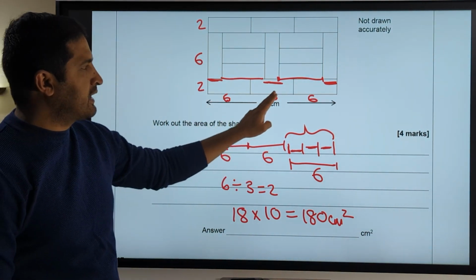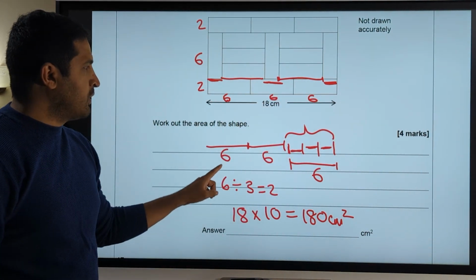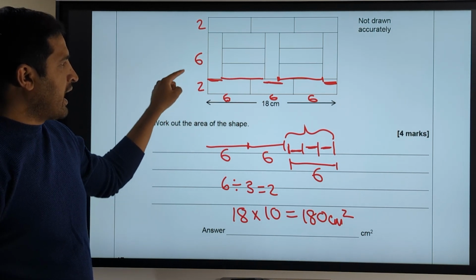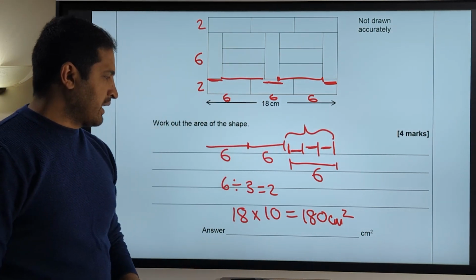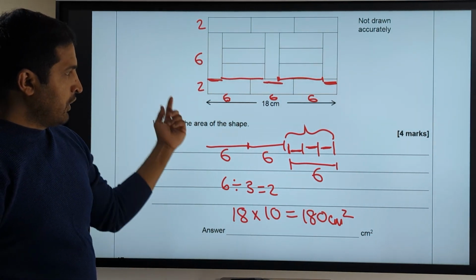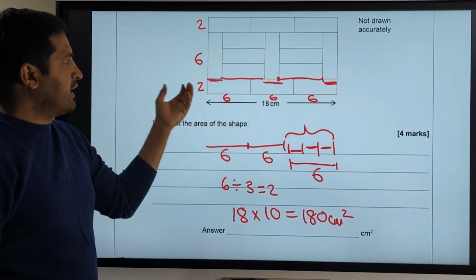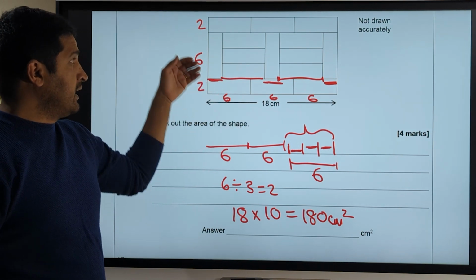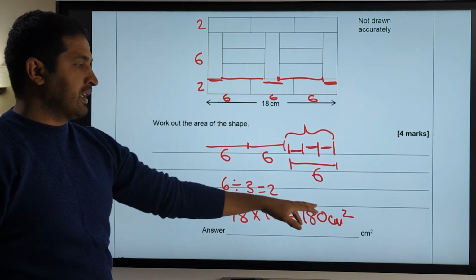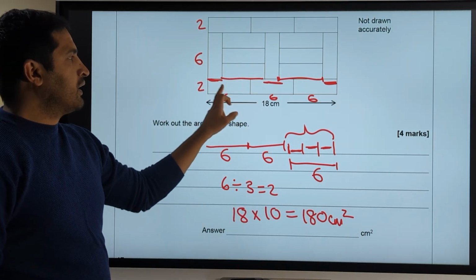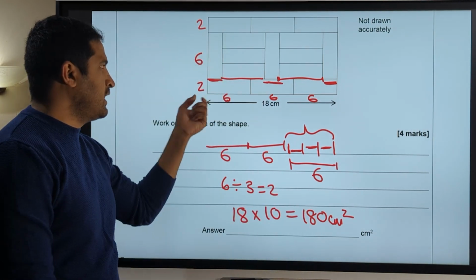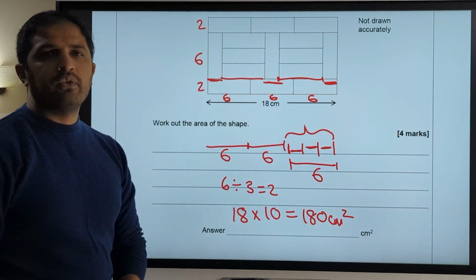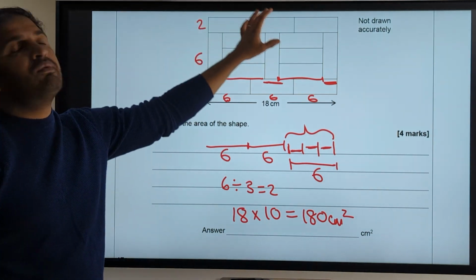If you get these 6s, that's your first mark. If you do 6 divided by 3 and get the height 2, that's the second mark. And if you want to work out the area of the entire shape, you do either 18 times 10, that's your third mark, and getting the right answer, or you can do 12 and 15 times 12, that also gives you 180, because each rectangle has an area of 12, 6 by 2, and there are 15 rectangles.